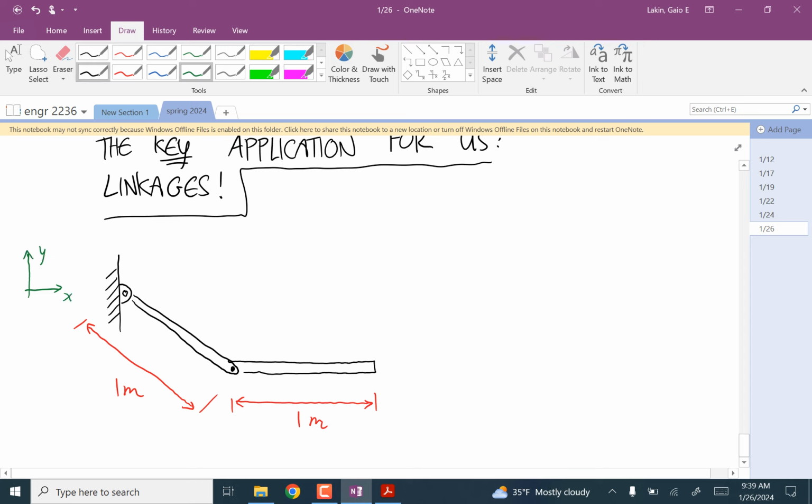And let's say that the arm connected to the wall has an angular velocity of 10 radians per second and an angular acceleration of 5 radians per second squared.